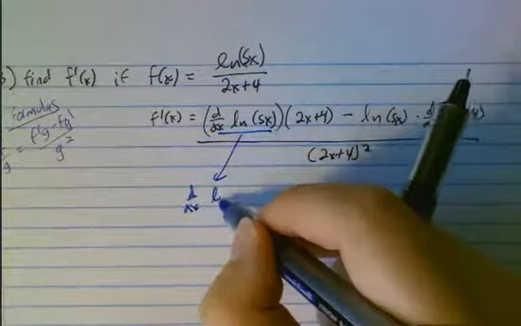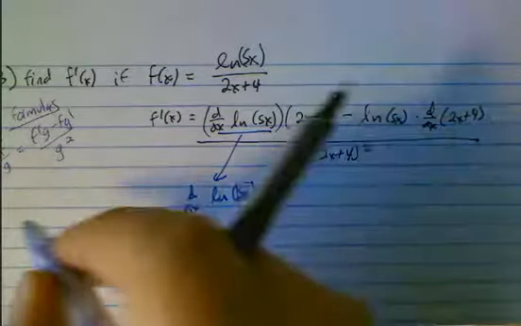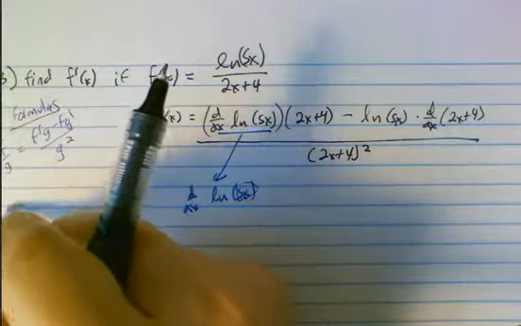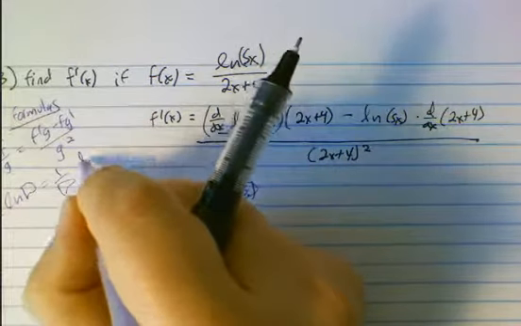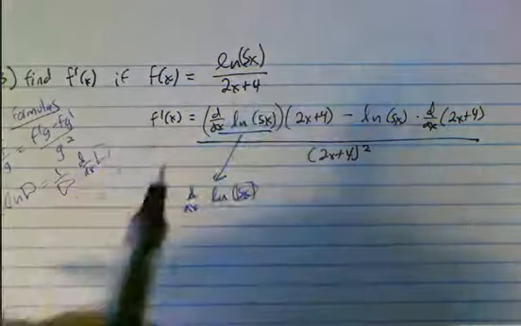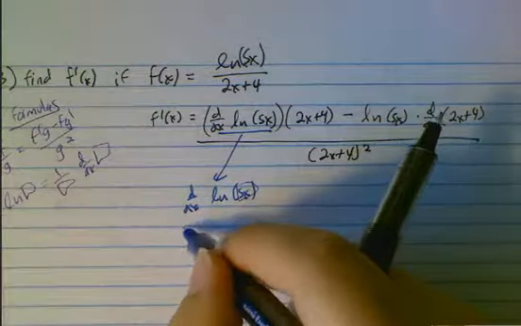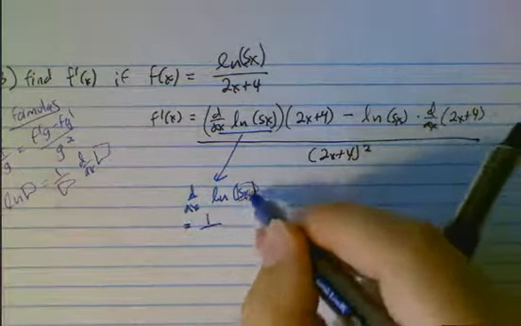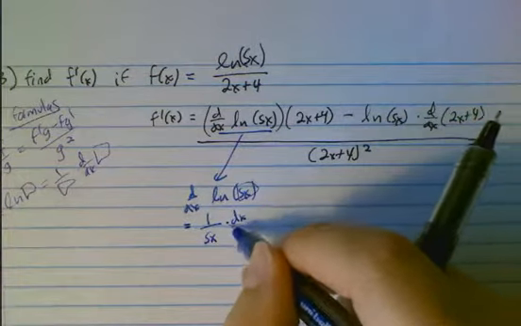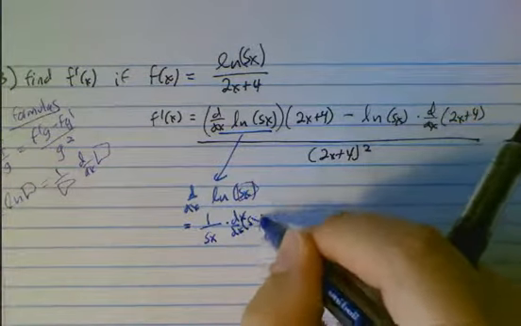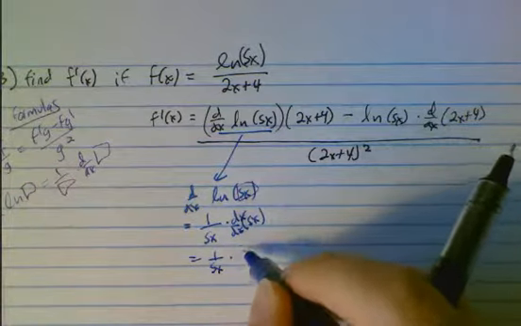So the derivative of the natural log of 5x, notice right there we have a box function. So that means one of our formulas is the derivative of the natural log of the box is 1 over box times the derivative of the box. So let's do that. 1 over 5x times the derivative of 5x, that's 1 over 5x, times 5.